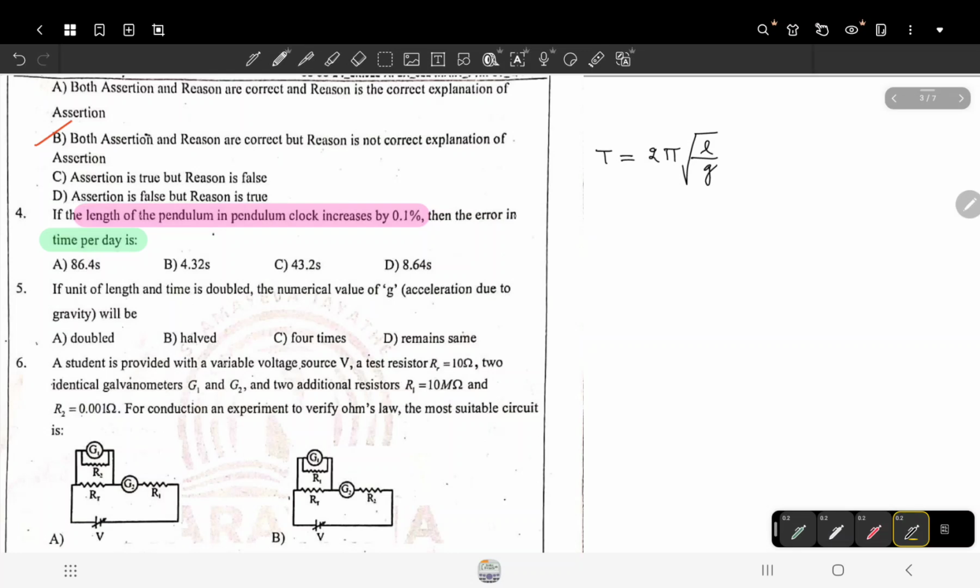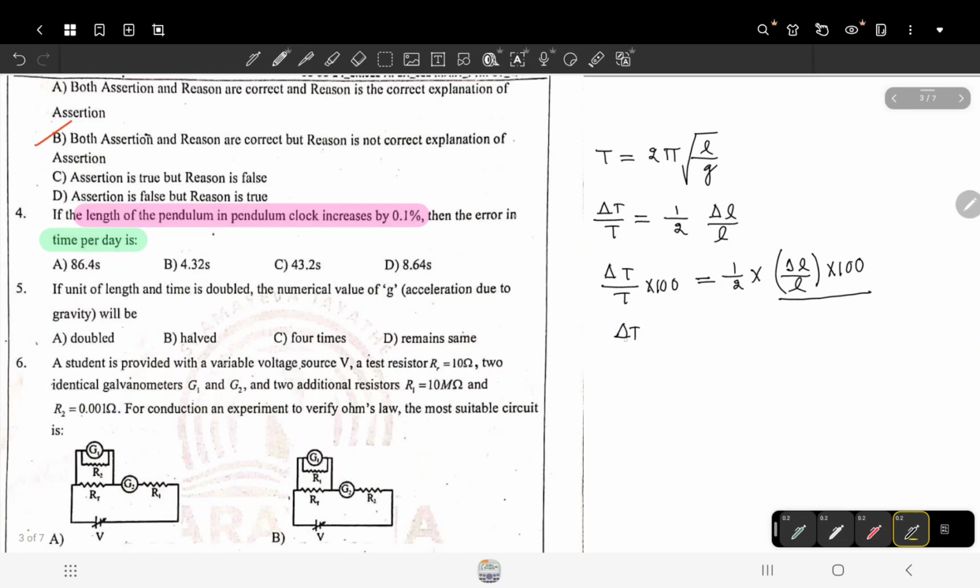If you check the error for this, you can write delta T by T as 1 by 2 into delta L by L, right? So the percentage is delta T by T into 100, which is equal to half into delta L by L into 100, and you know the value of this, which is given as 0.1.